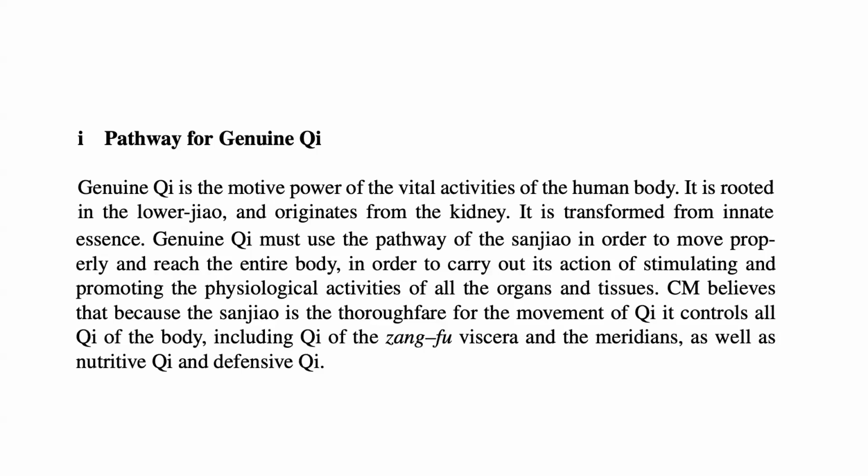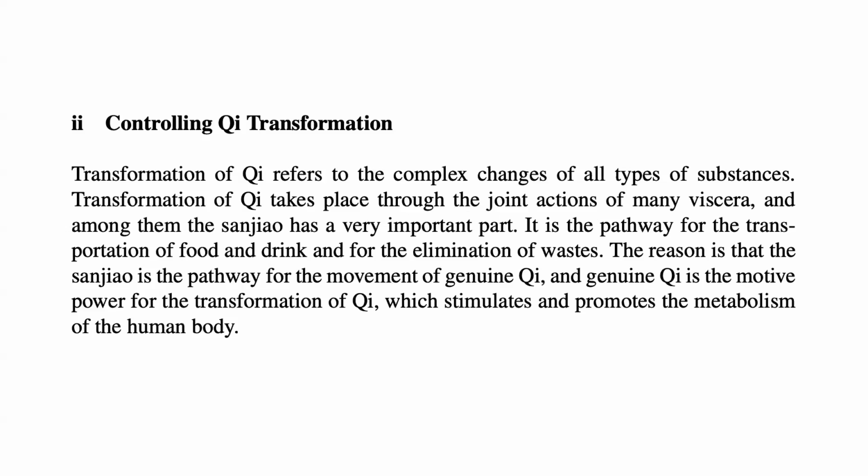Chinese medicine believes that because the sanjiao is a thoroughfare for the movement of qi, it controls all qi of the body, including qi of the zangfu viscera and the meridians, as well as nutritive qi and defensive qi. Second, controlling qi transformation. Transformation of qi refers to the complex changes of all types of substances.